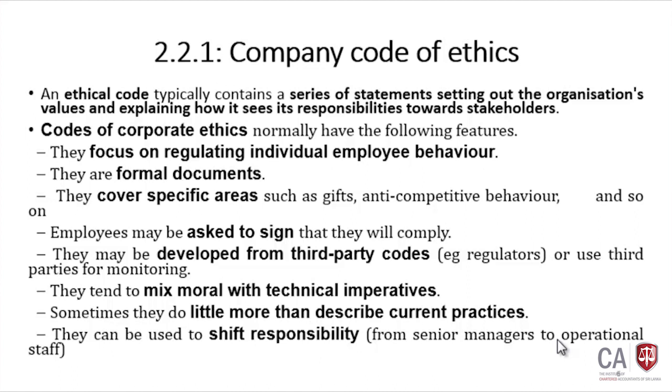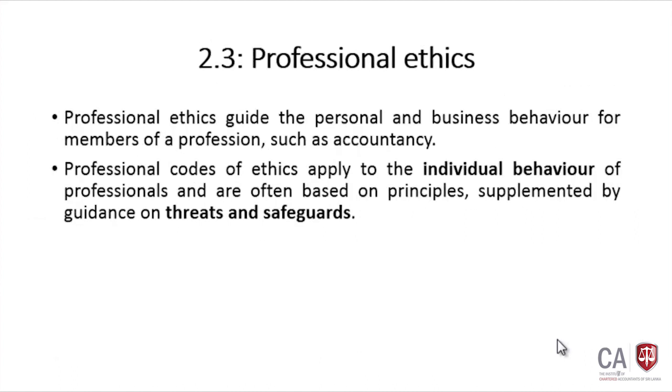Then the third element of ethics, that is professional ethics. So what is professional ethics? Professional ethics guide the personal and business behavior of members of a profession such as accountancy. In each profession you have certain ethical principles. For example, as accountants we all have some ethical principles to adhere to.